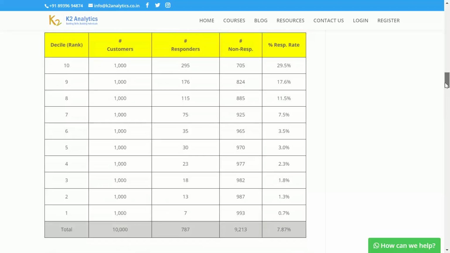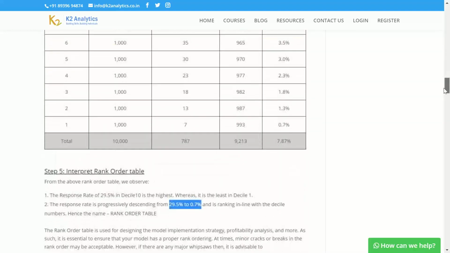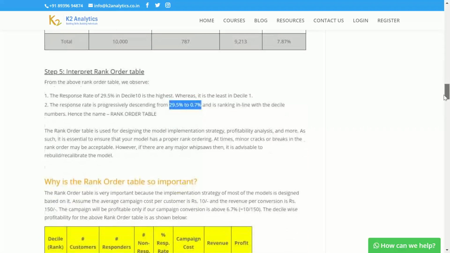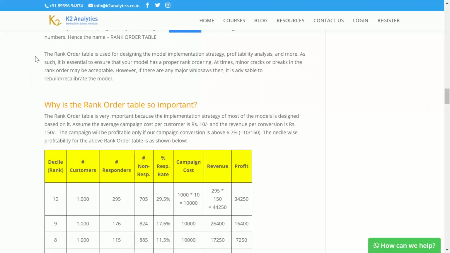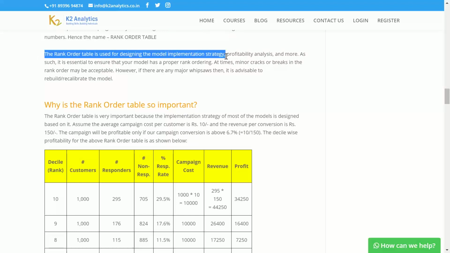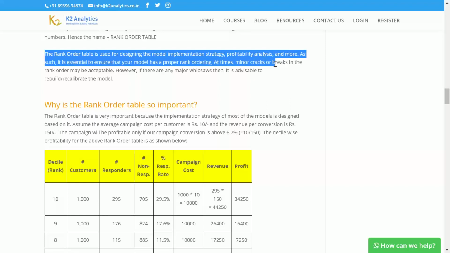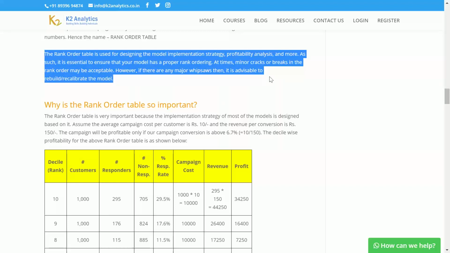As such, I can say there is a rank ordering. It is very important to understand this because it is used for designing implementation strategies, profitability analysis, and more. As such, it is essential to ensure that your model has a proper rank order.